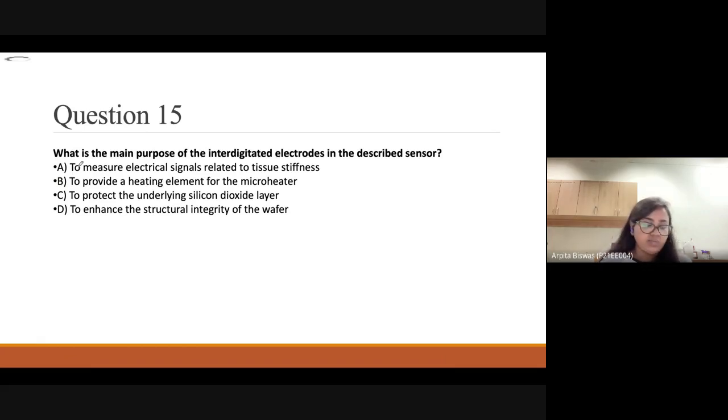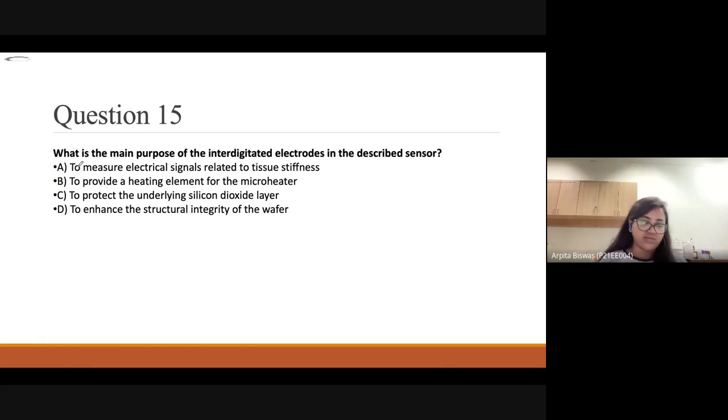So what is the main purpose of the interdigited electrode in the described sensor? The first option is to measure the electrical signal related to the tissue stiffness. The second option is to provide a heating element for the microheater. The third option is to protect the underlying silicon dioxide layer. And the fourth option is to enhance the structural integrity of the wafer.